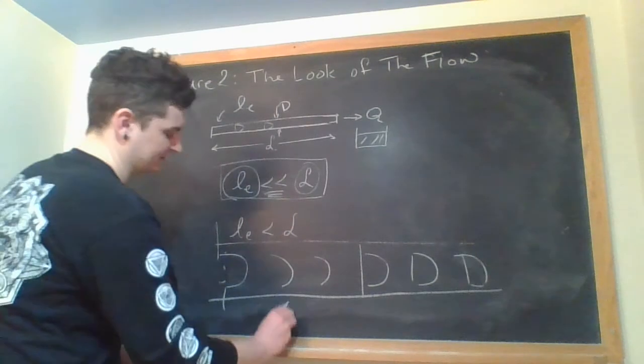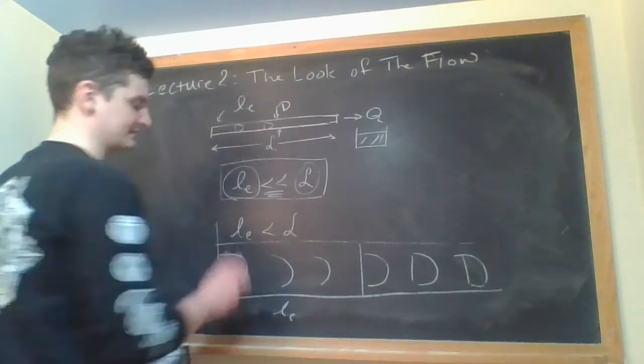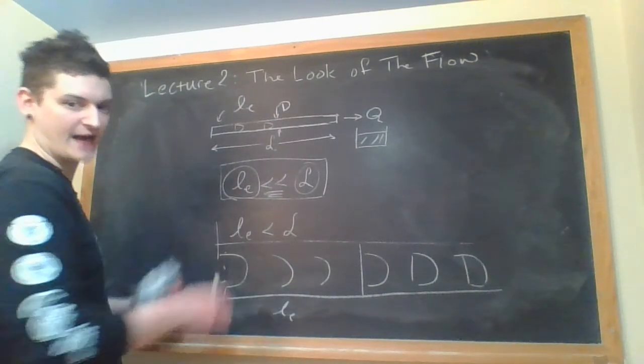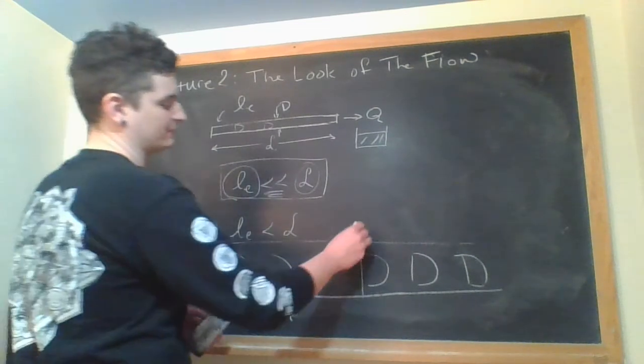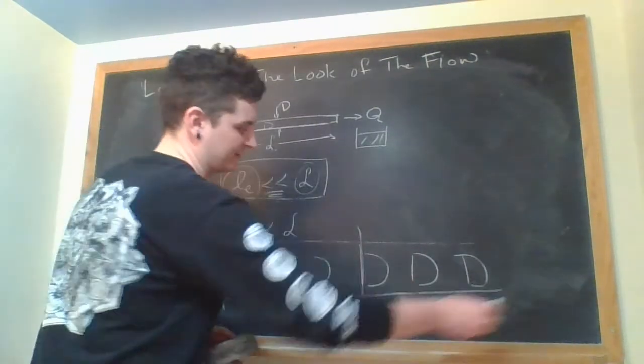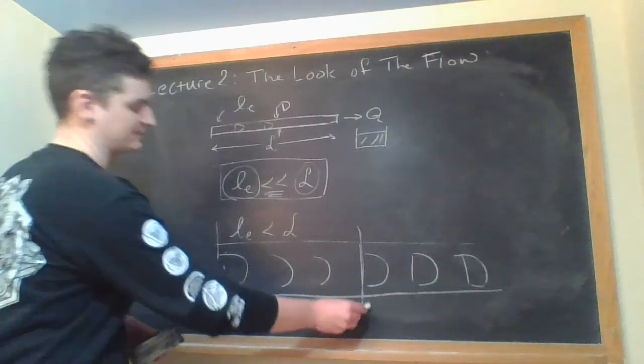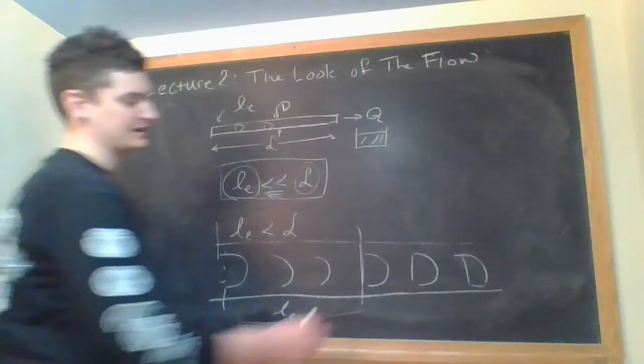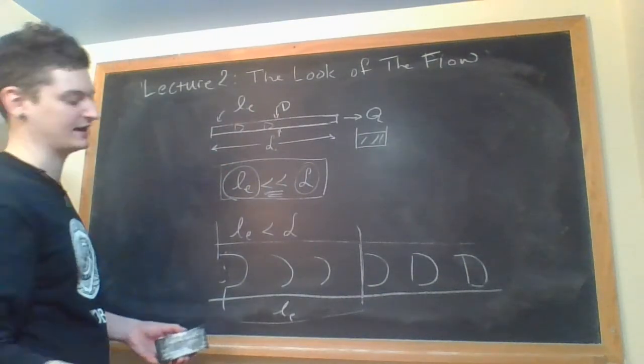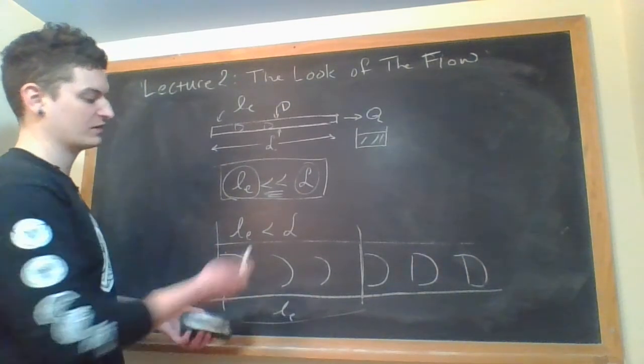So this is LE, and this whole thing is the length of the pipe. That is problematic because now I know there are entrance effects in the first half of the pipe, and then the next half of the pipe, there aren't entrance length effects. So you don't really want to be in that situation.